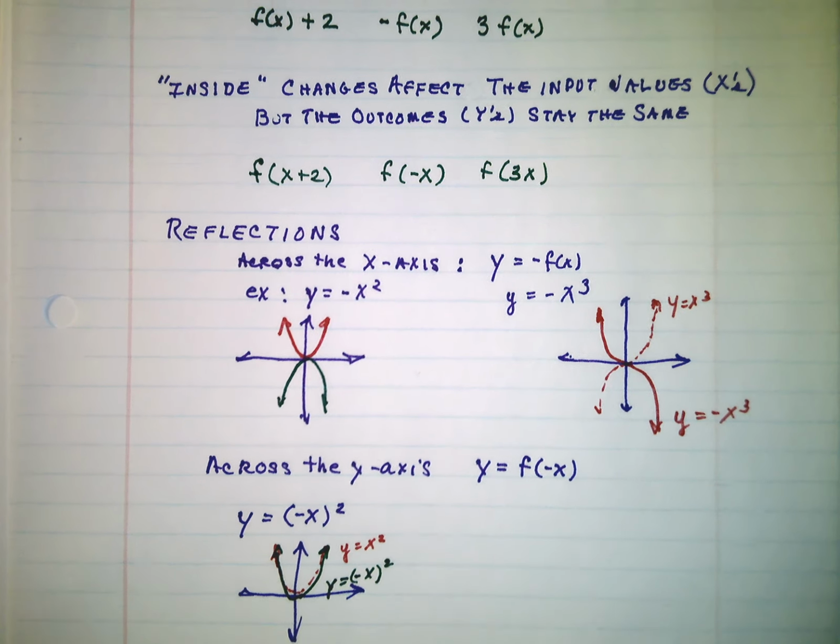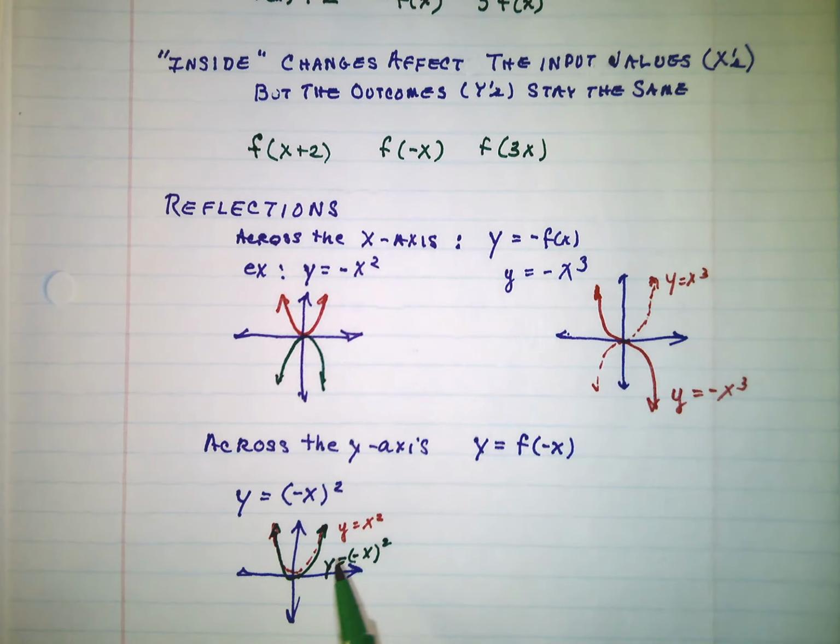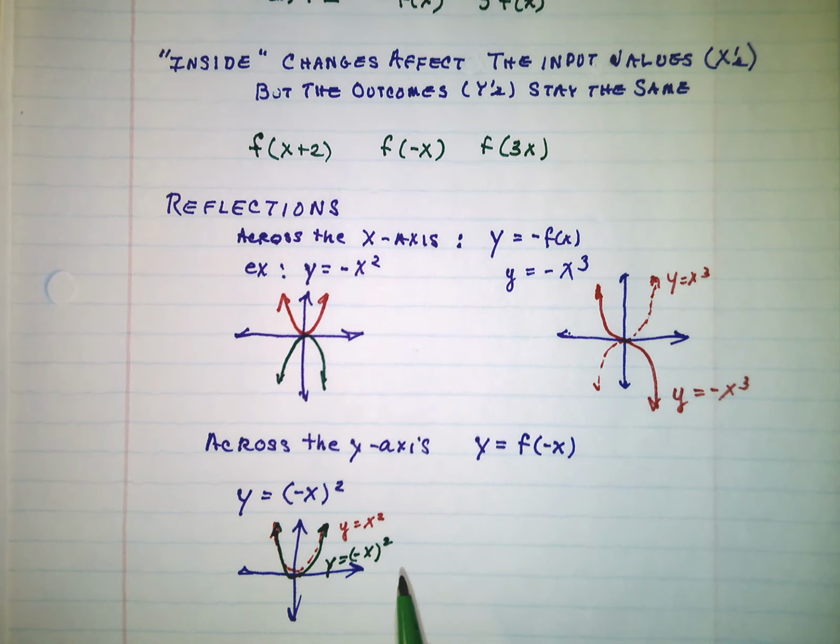Sorry about the heater's noise. When we square a negative x, we're going to get the same answers as when we squared a positive x. This is what they call an even function, and Mrs. Milburn will talk more about this later.